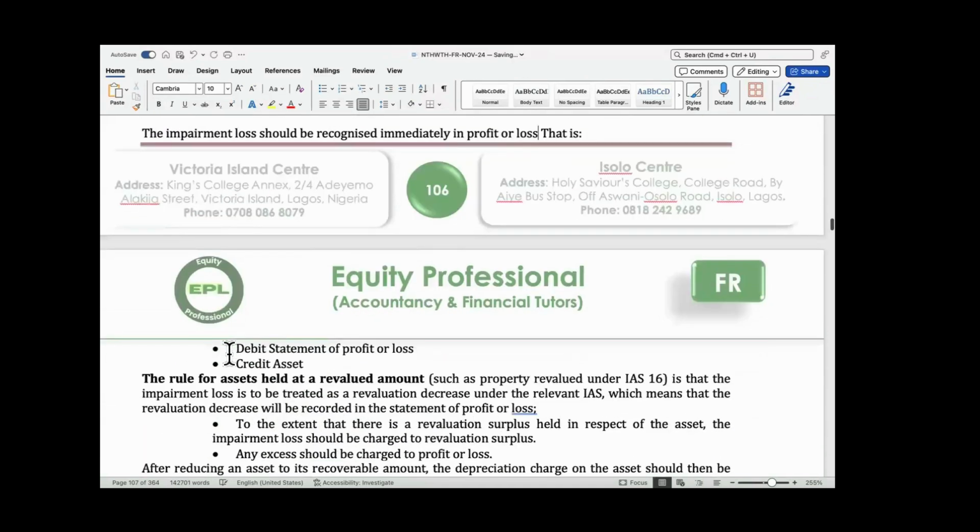That is, we're going to debit P&L and credit the asset.